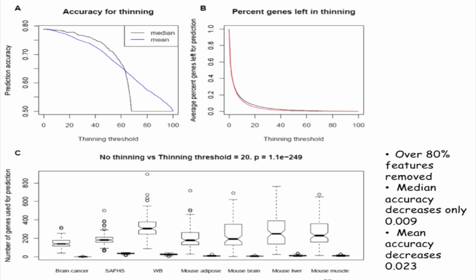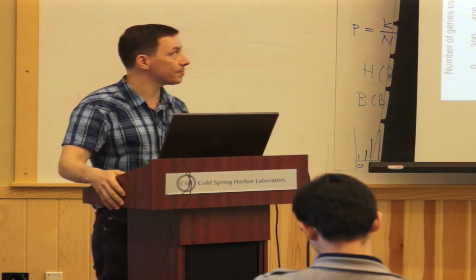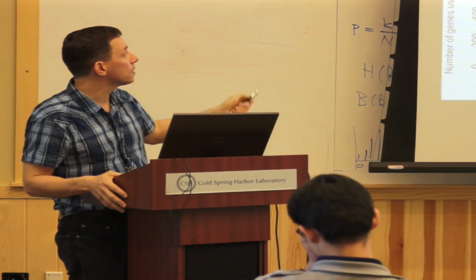And you can study how the prediction accuracy depends on this thinning threshold. Let's say you have a thinning threshold of 2 or 3 or 4. Notice the accuracy is barely affected, which is intuitive, right? If a gene was only selected once, it really doesn't have much of an influence.